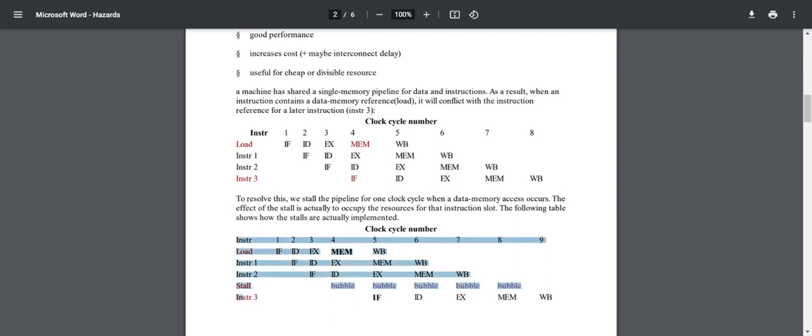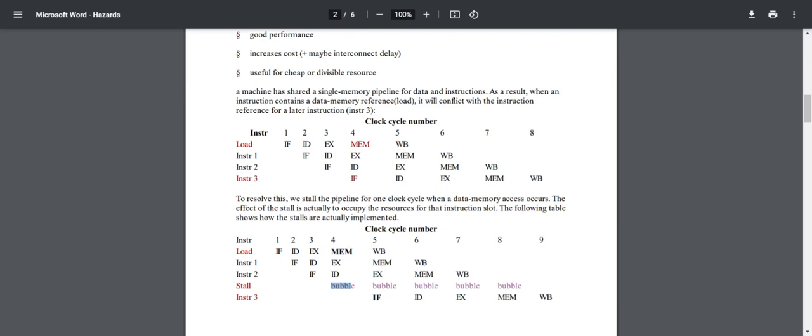Rather, more precisely, I can say that instruction flow is stalled for a particular clock cycle. No new instruction is brought into this particular fourth clock cycle. Now, what is the takeaway? What is the advantage we get out of this?